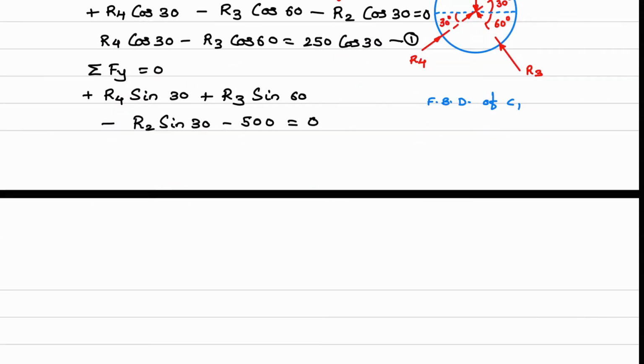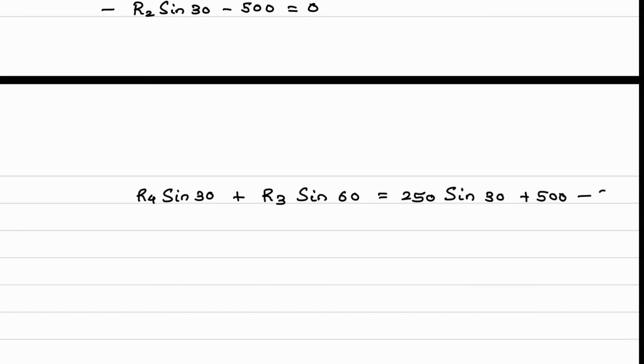Now we can simplify this. We will get R4 sine 30 plus R3 sine 60 equal to 250 sine 30 plus 500. This is equation 2.